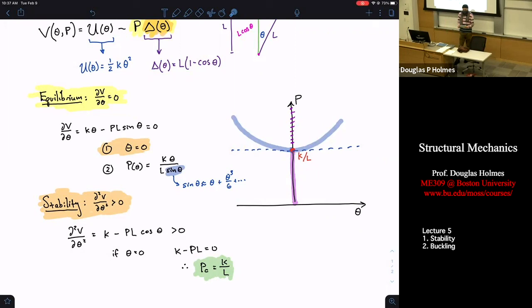I want to stop here, but I want to move on to the snapping problem next class. The snapping problem is not that hard conceptually, but the math is a bit of a pain. And so I think we can use this as an opportunity to see if you can all download Mathematica onto your laptop.